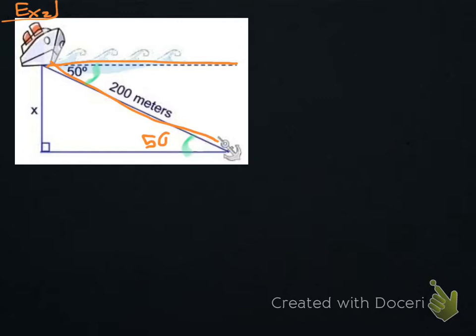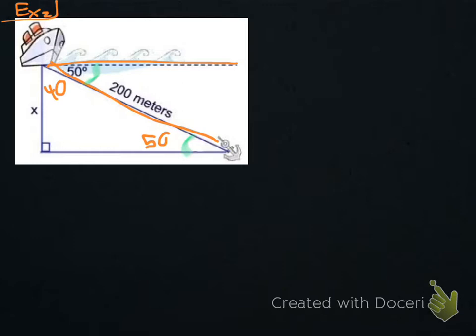Or you could say that these two angles here form a right angle, right? And if one of them is 50, then the other must be 40, right? Either option works. But now, once you have one of those angles, whether the 50 or the 40, you can then solve for x using a trig function.